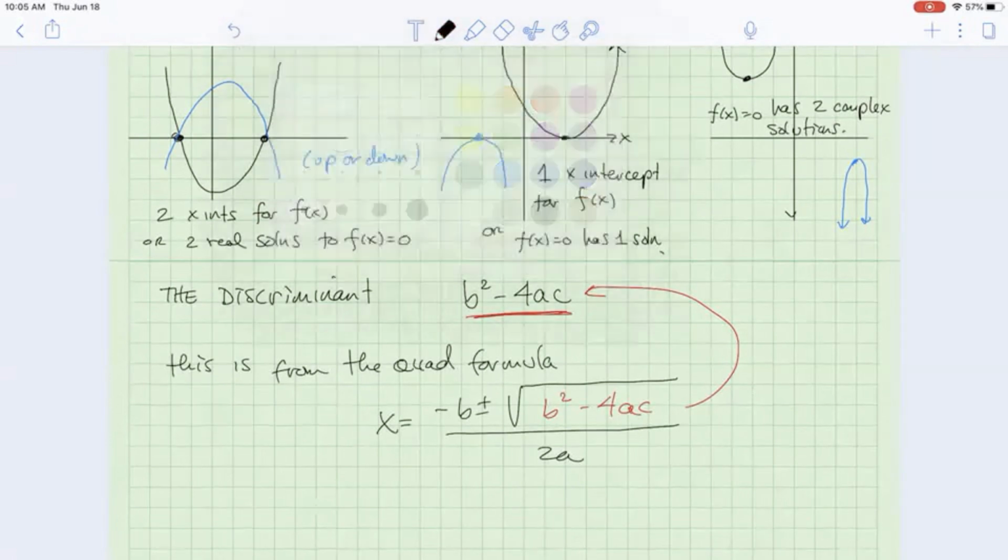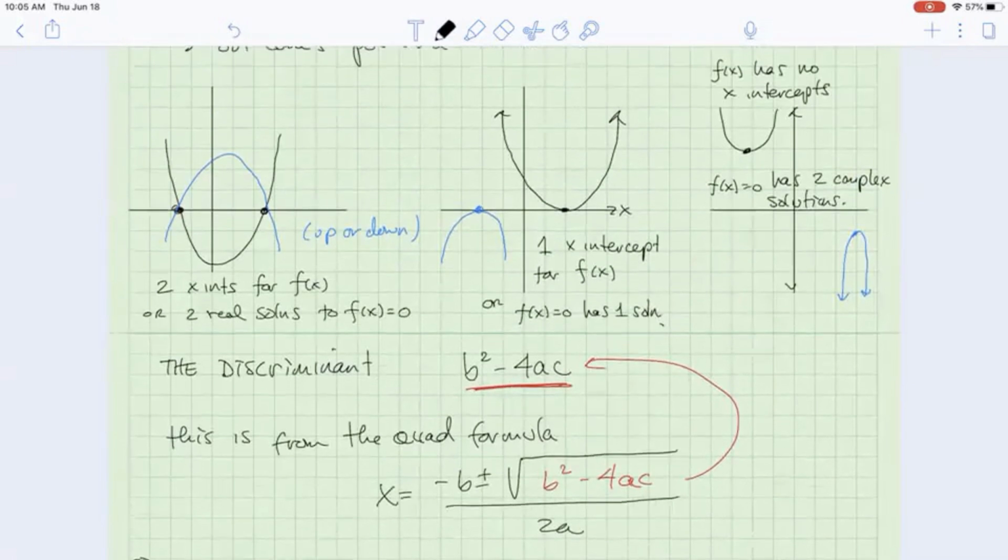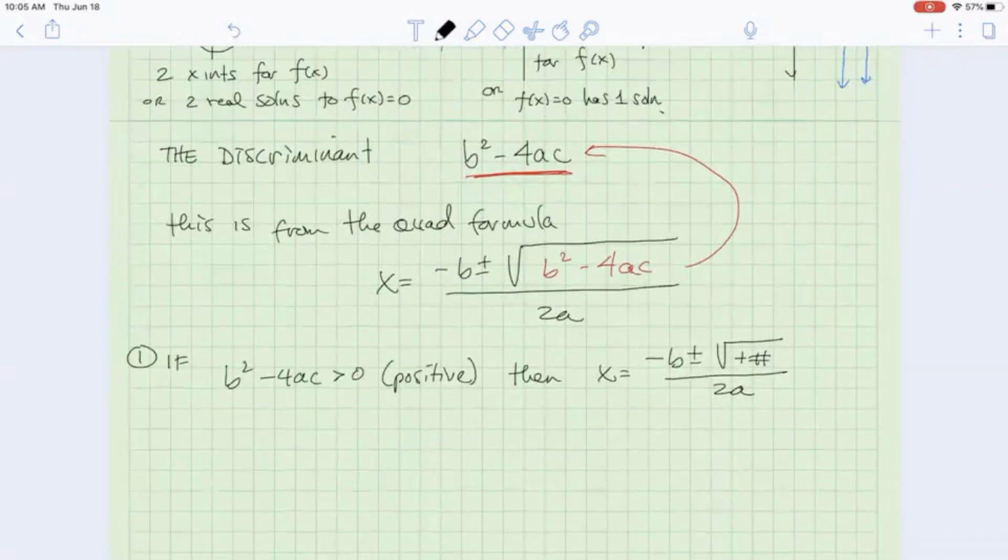It discriminates between these different situations because if b squared minus 4ac is positive, which is option 1, directly related to picture 1 that I have up here, then x is equal to negative b plus or minus the square root of a positive number over 2a, and this is negative b plus or minus some other number over 2a, in which case this is two real answers, and we have two x-intercepts.